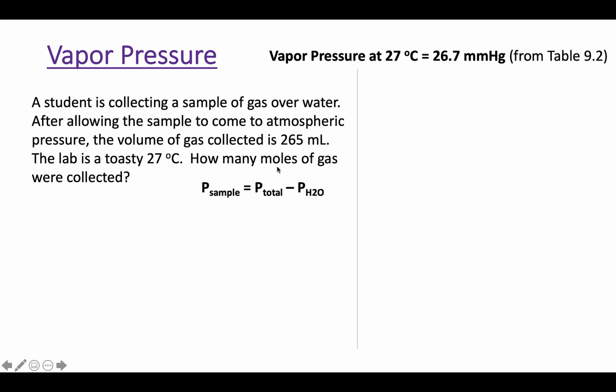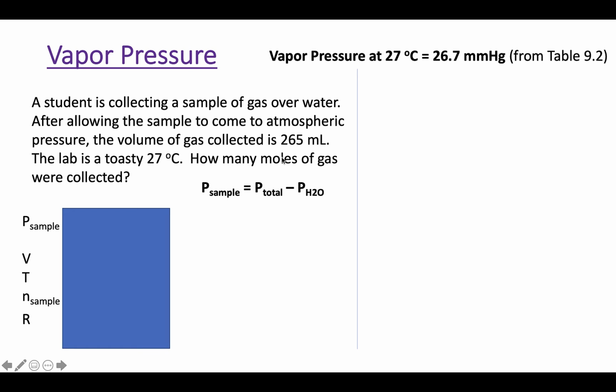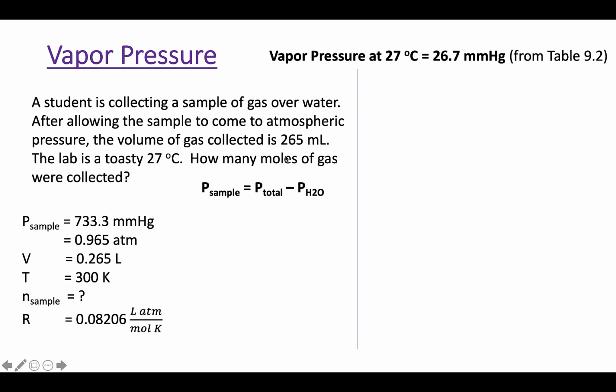And so, let's keep in mind again that the partial pressure of our sample is going to be the total pressure minus the partial pressure of the water. And here, right, we can calculate all the following things in the same way. And we see that the partial pressure of the sample is going to be 760 millimeters mercury for the total pressure minus this 26.7 millimeters mercury that is the vapor pressure of water.